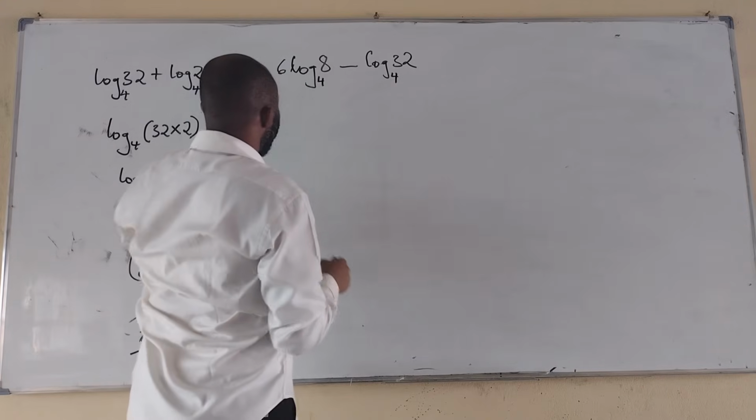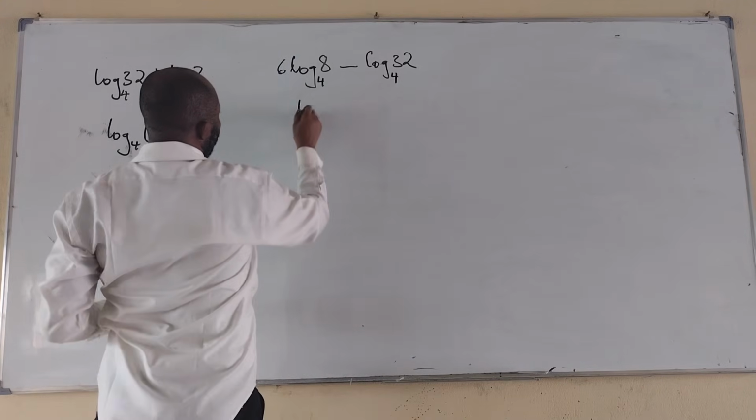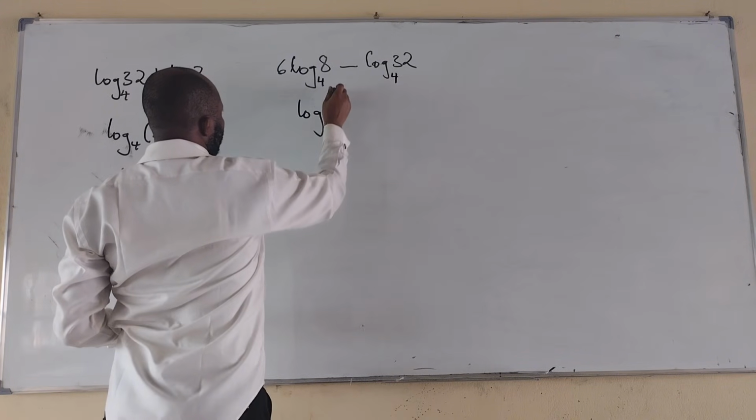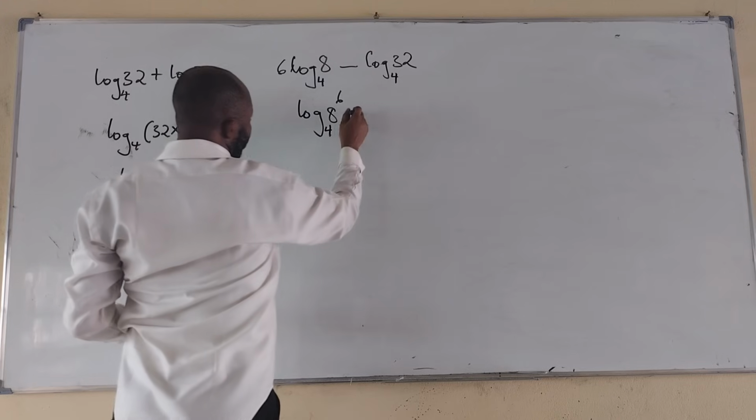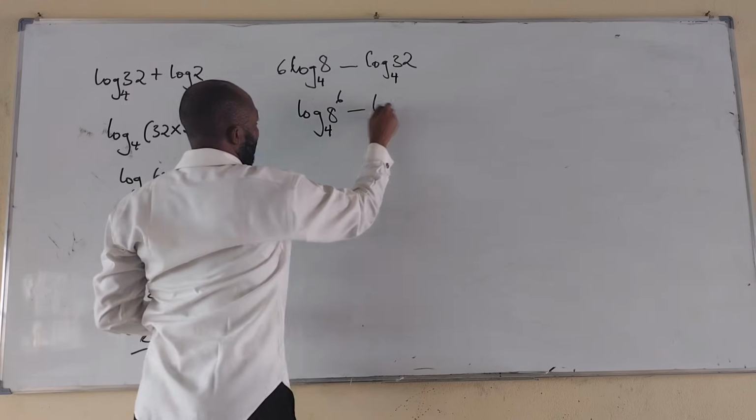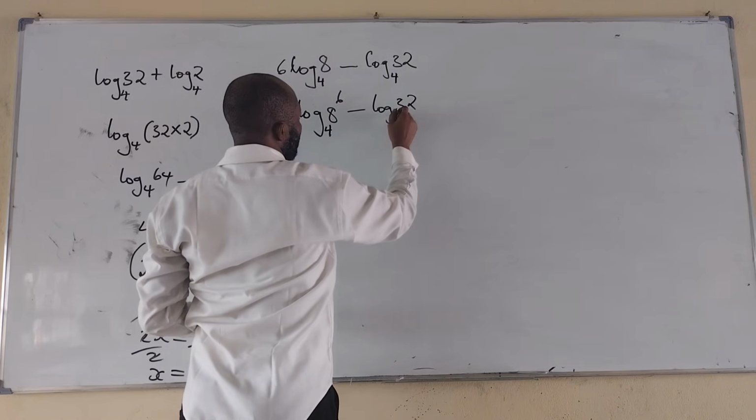But the value obviously is going to be big. So I have log 8 raised to the power 6, in base 4, minus log 32, in base 4.